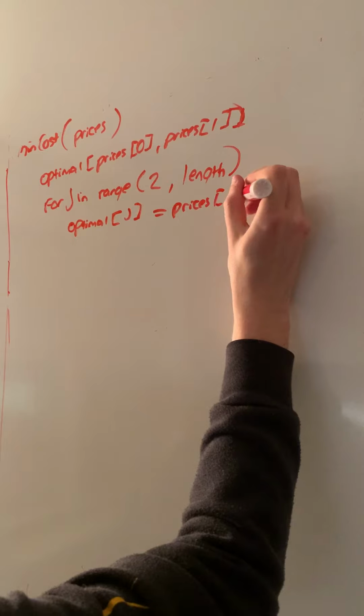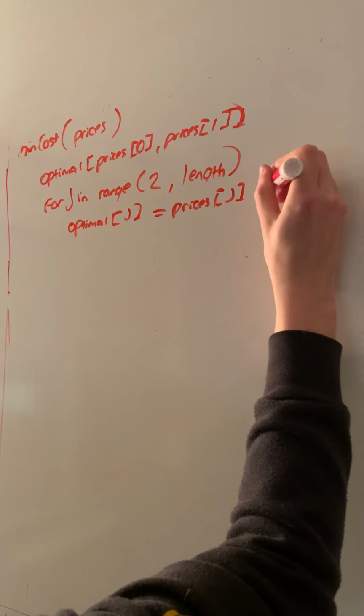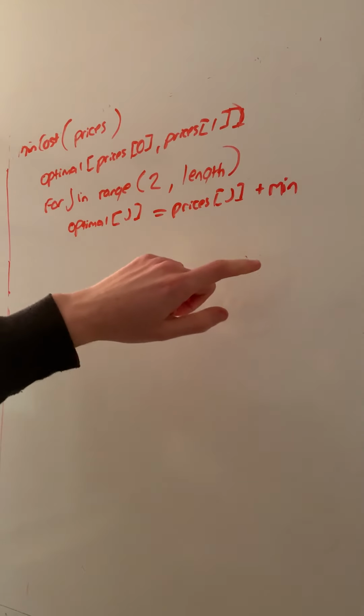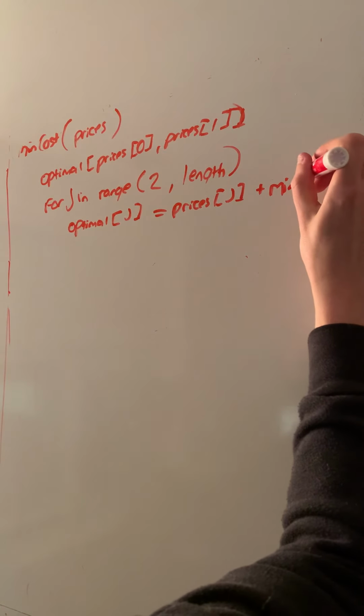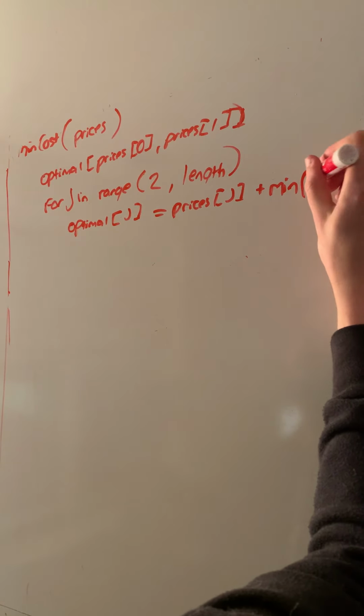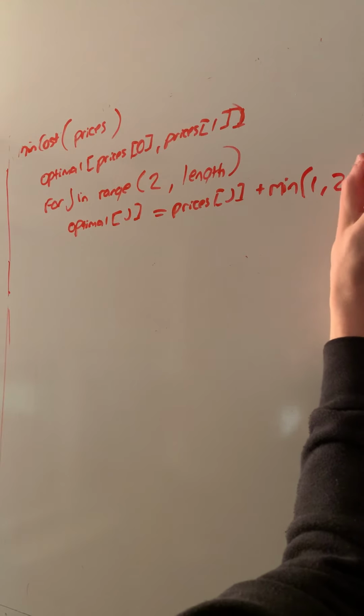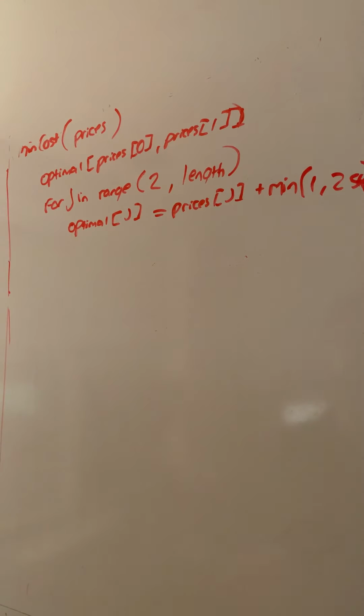plus our minimum value from the two immediately preceding, those that we could reach if we stepped 1 or 2 steps back. We'll write that since we're running out of room.